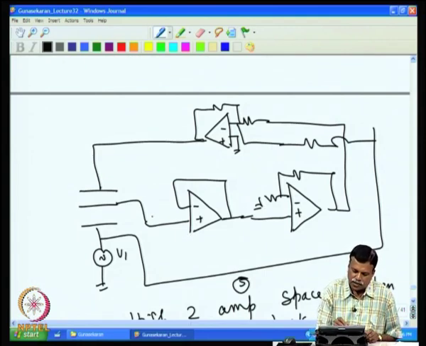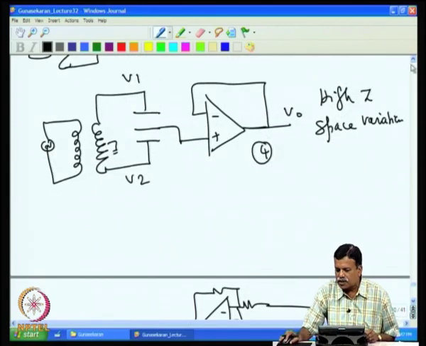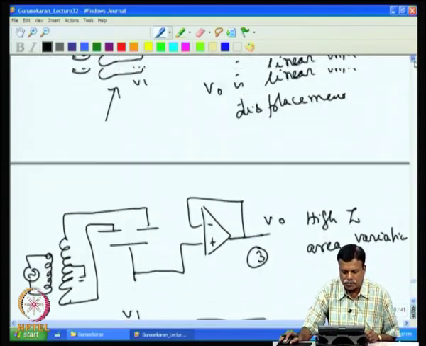We feed the signal to the non-inverting input, and then whatever output voltage comes, we amplify it, invert it and give it back to the other plate. In this method, we had shown in the previous class that this derivation was also made in the previous class.